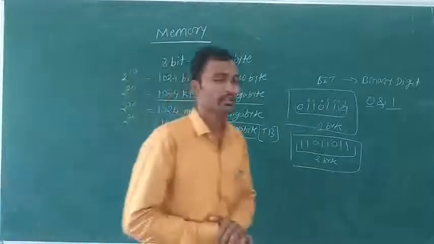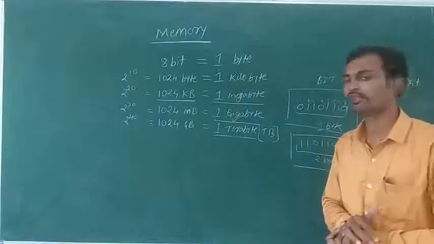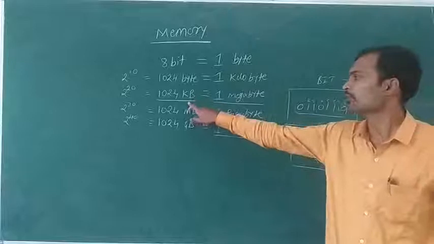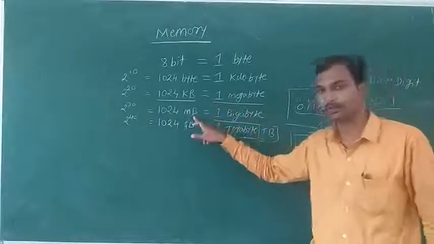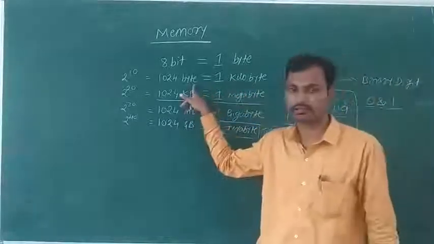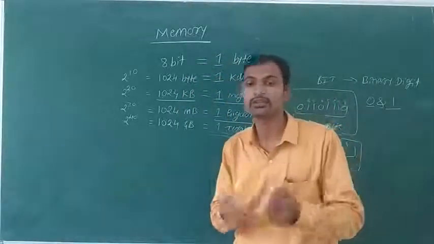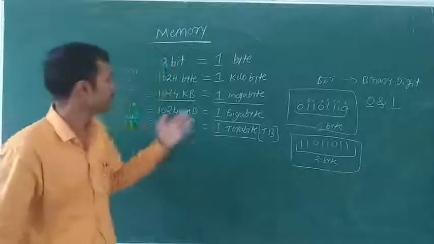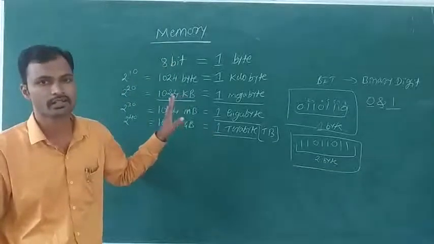After PUC, if you go for any competitive examinations, they ask questions like this: 1024 KB means how much MB? Or 1 GB means how much MB? Or 1 KB means how many bytes? Or 1 byte means how many bits? This is memory representation.